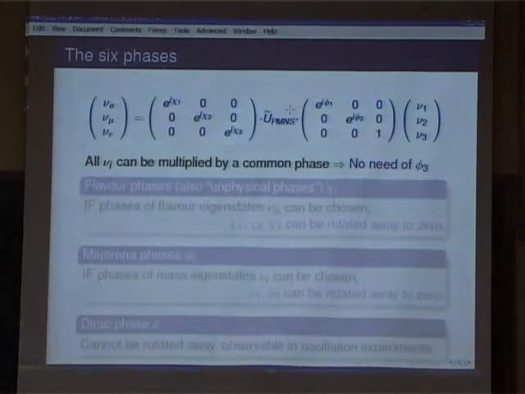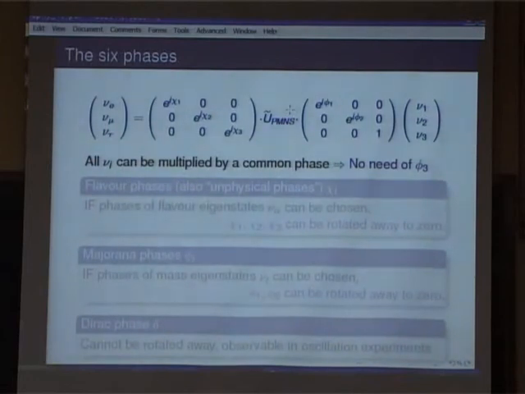No one has told us what the phase of u1, u2 or u3 is. It's our own choice. So when I have u1, u2 and u3 and I multiply all of them by the same complex phase, nothing is going to change physically.